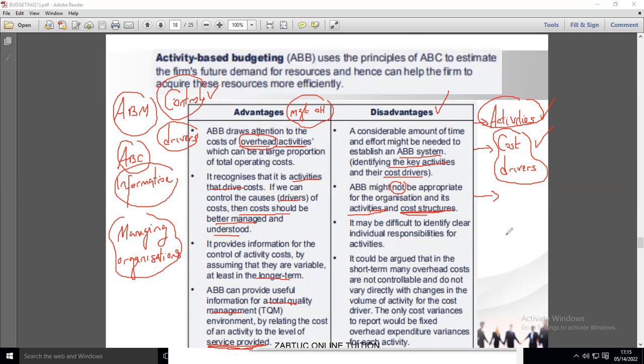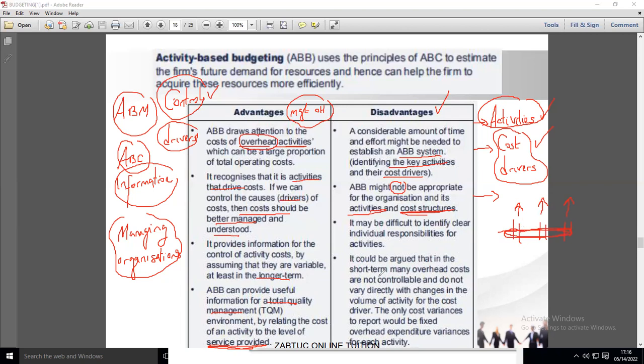You may find that one activity is covering a number of departments. So who takes responsibility for an activity that cuts across a number of departments? Because there's a traditional structure. We have a structure, but when we now define activities, we find that activities cover a number of departments.